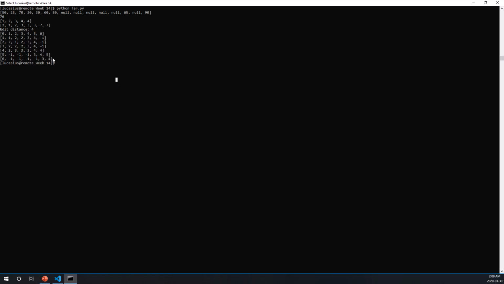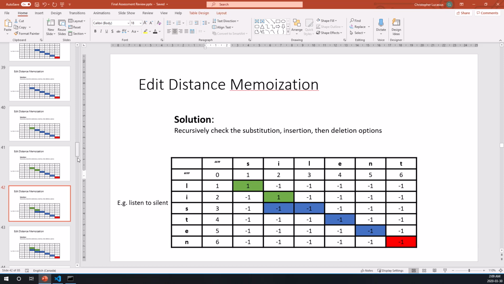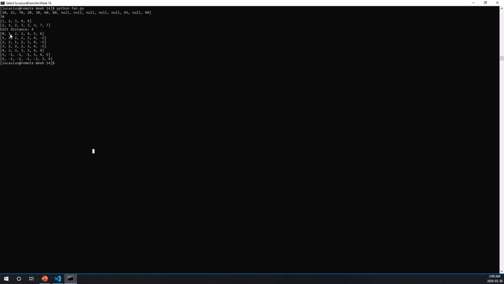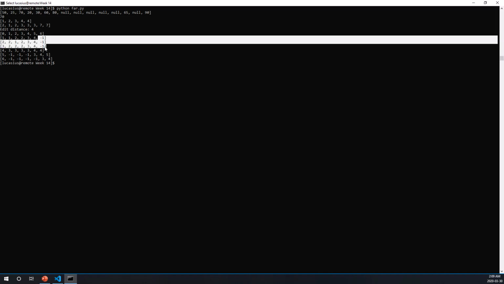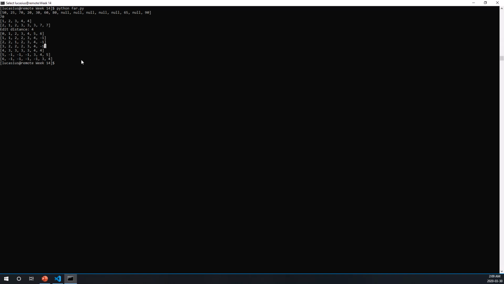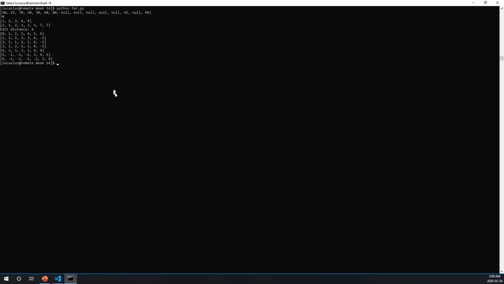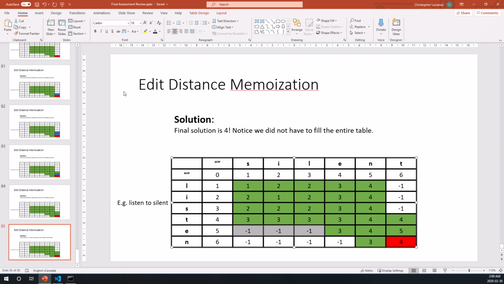And if I look at this, I would see that it does indeed match the final state of my cache when I finish the algorithm. You'll see that all the -1s are where they should be: -1 over there, and the -1s down here and up here. So there you have it. That is a memoized approach to the edit distance.